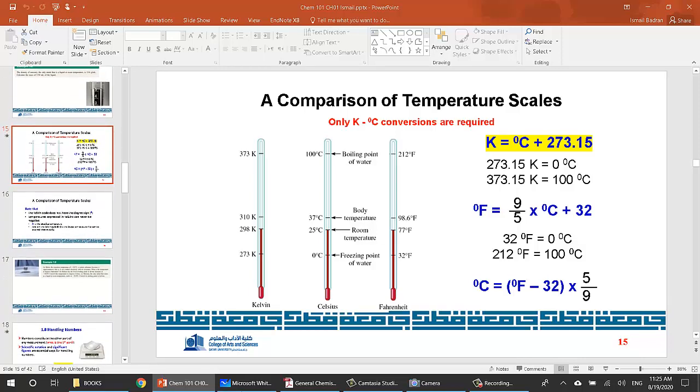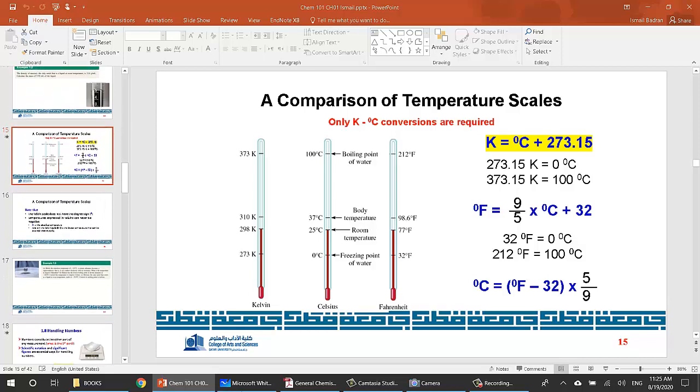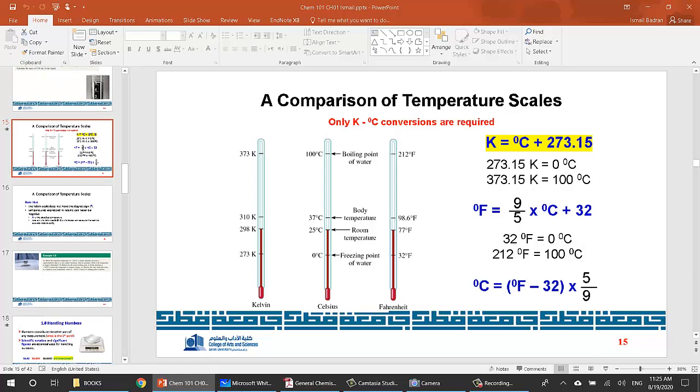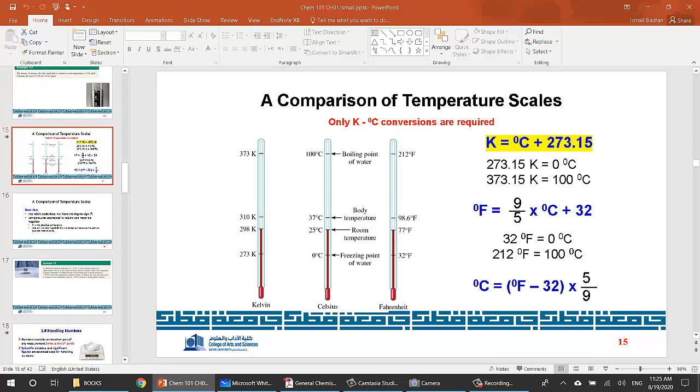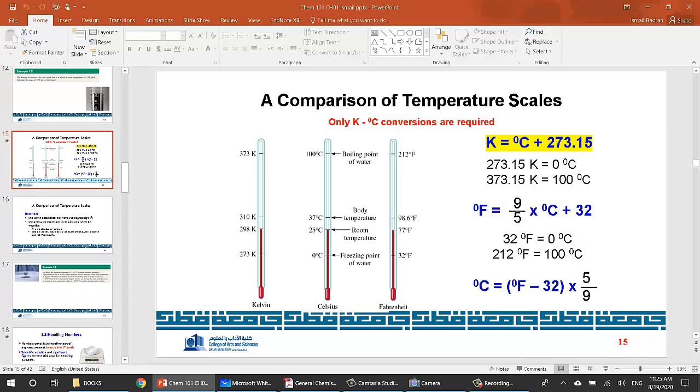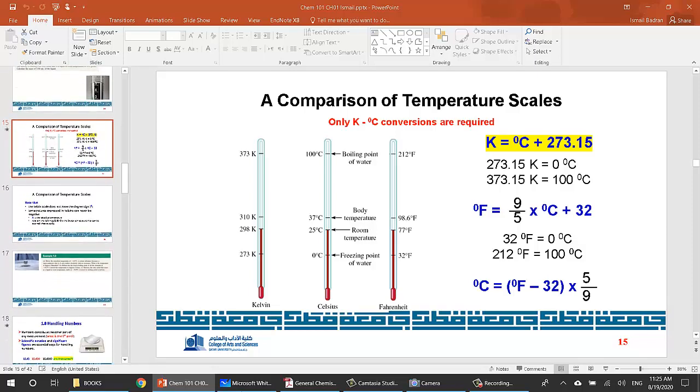You can notice here that we're using a small degree sign with Celsius and Fahrenheit. So we say the temperature is 50 degrees Celsius or 50 degrees Fahrenheit, but we never do that for the Kelvin. And the reason behind that is that the Kelvin is an absolute scale. So when you say 0 Celsius, there is something below that 0. We have minus 10, minus 20, minus 30, minus 200 Celsius.